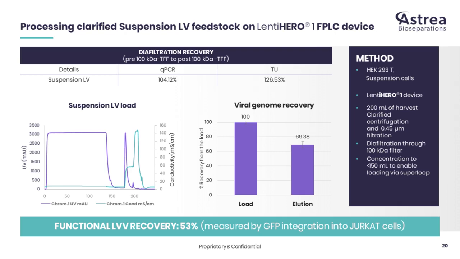When the clarified LV feed was purified by the weak anion exchange fiber, we achieved a nice, sharp resolution for elution at the low conductivity. The final recovery of viral genome was nearly 70%. More importantly, functional recovery was 53% measured by Jurkat cells transduction assay.